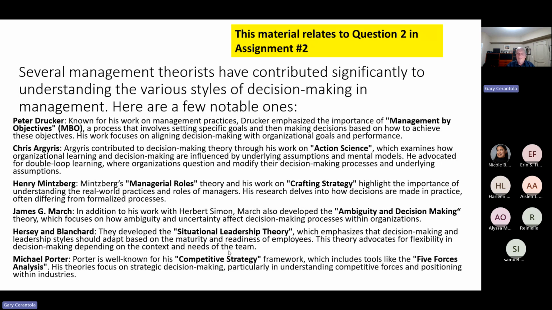And Hersey and Blanchard, here's where we're going to talk about situational leadership theory or contingency theory. And the answer is, it depends. It depends on the conditions. It depends on the level of capabilities of the employees that you're working with. So Hersey and Blanchard are going to go through that, and that makes a significant impact on the way that you make decisions.